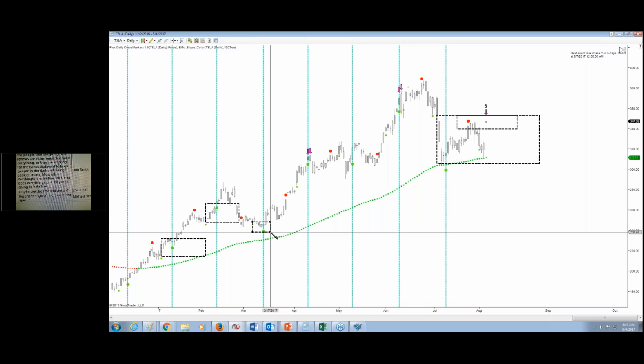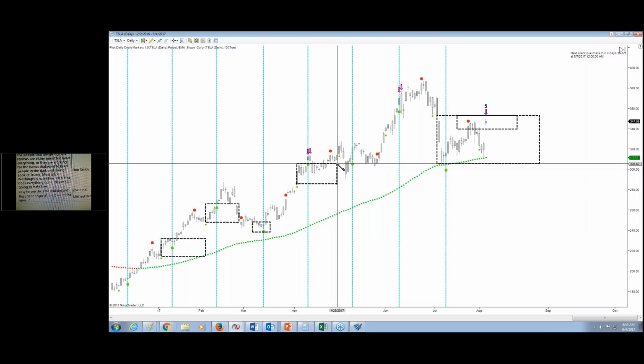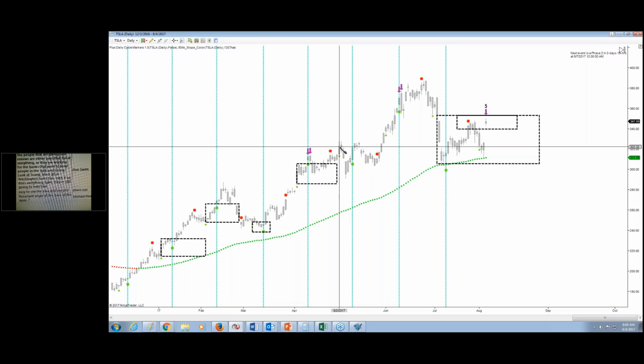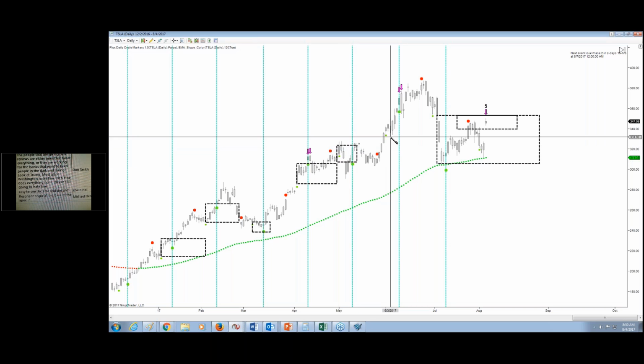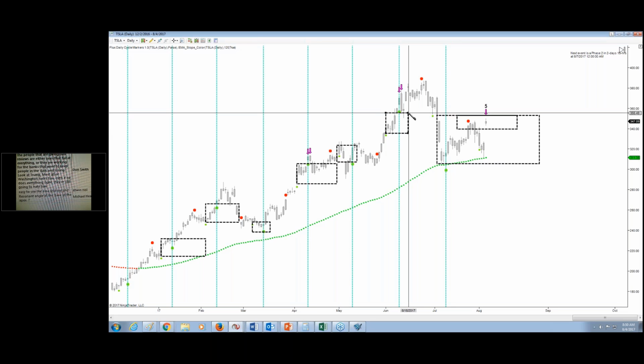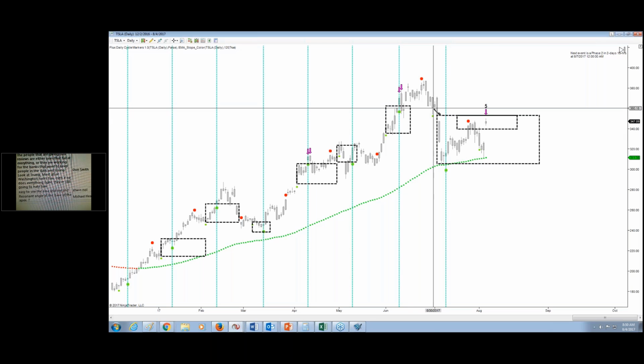So I'm going to put that down box. It went this high by the phase 2, and this one came down into the phase 2. This one went up into the phase 2. And this one just went down.